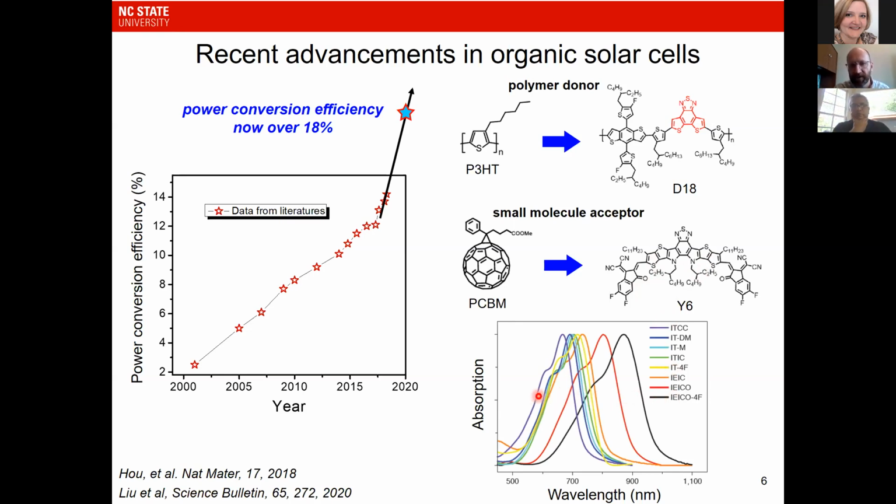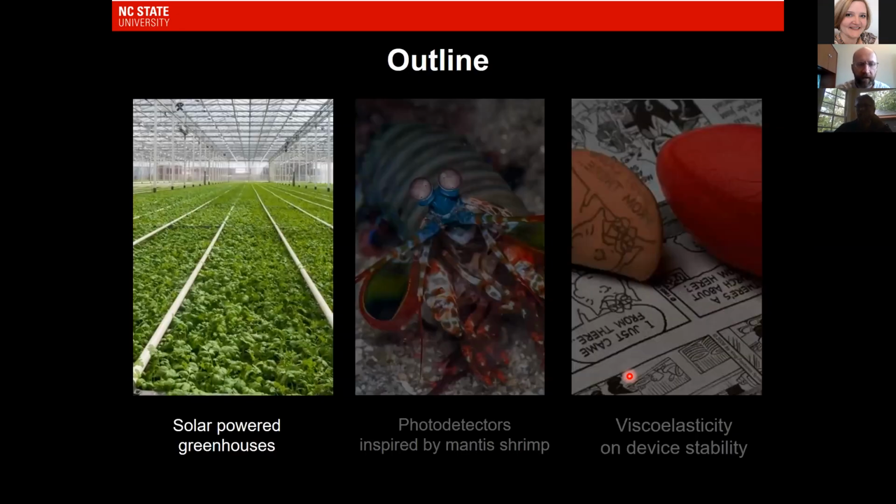So this would be the absorption of a variety of molecules, and you can see that it ranges from kind of red to really near infrared. That is one of the reasons for this efficiency jump: you can tune the absorption to collect more of the solar spectrum. But we also want to exploit that absorption character. And that's the key to the first part of this talk: how do we use these organic solar cells for greenhouses?